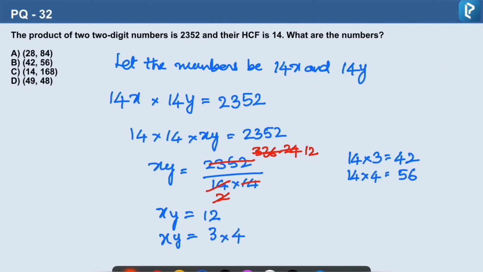So 42 and 56 are the numbers. Option B is the correct answer.